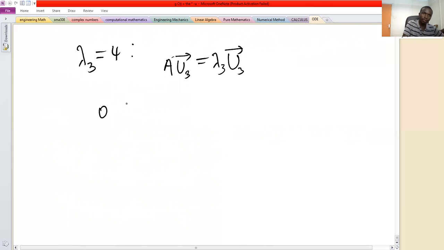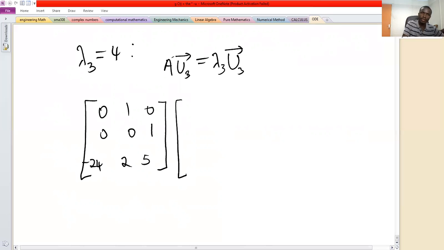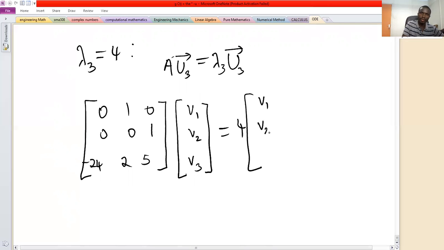So A is 0, 1, 0, 0, 0, 1, minus 24, 2, 5. And then let U3 be V1, V2, V3, equals to 4 times V1, V2, V3.